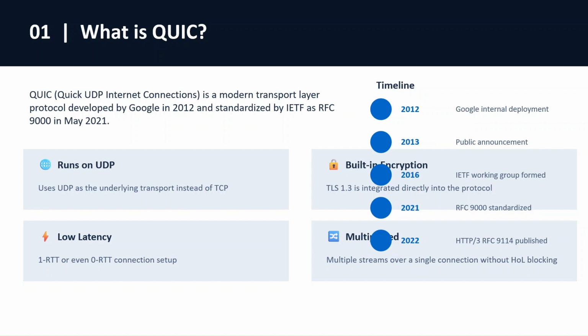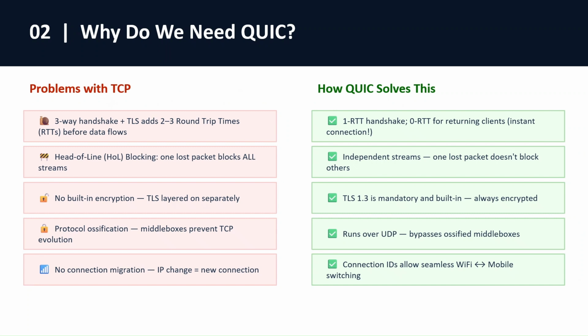Let's go on to the next slide, which is on why do we need QUIC? To understand this, we need to look at the problems of TCP. The first problem is the setup latency. Latency can be understood simply as the delay a server takes in responding to a request. That is latency.